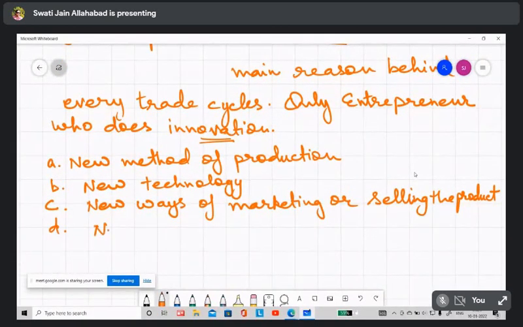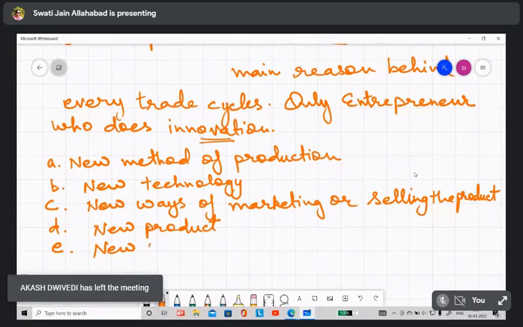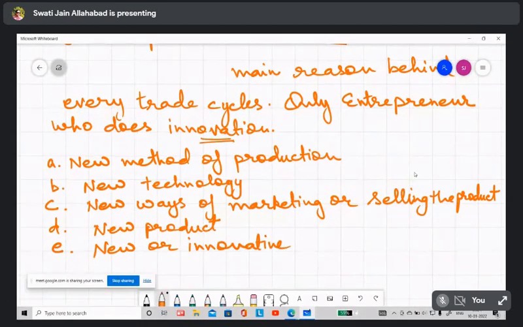It can be a new product. Or it can be related to a new or innovative method of organization.